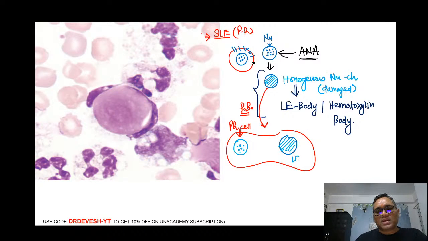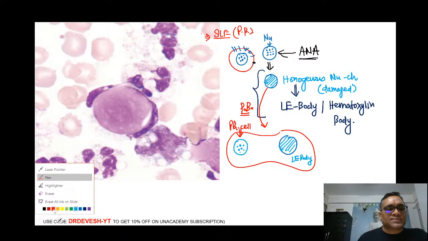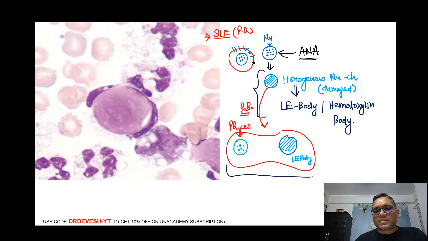Right? So this is the LE body, and it has been engulfed by them. So this entire phagocytic cell, this entire thing, is called an LE cell. Now you understood. So what is an LE cell?